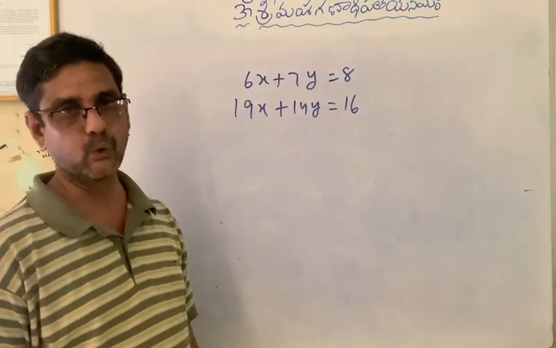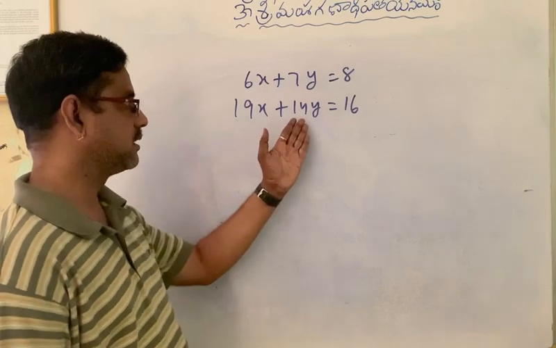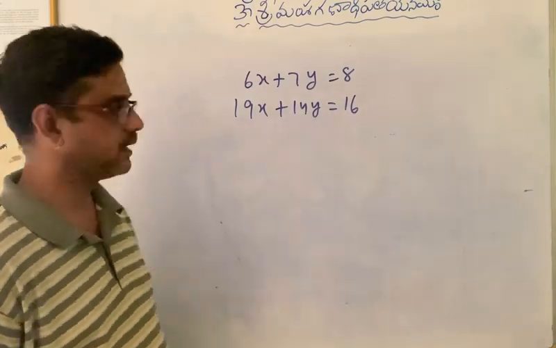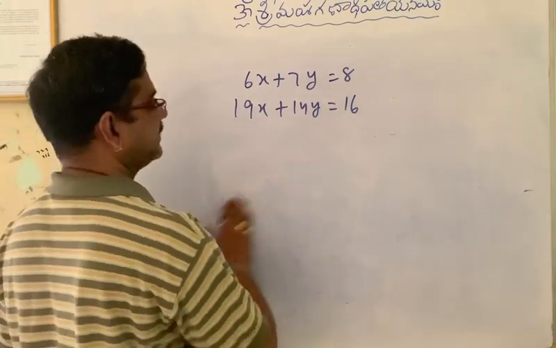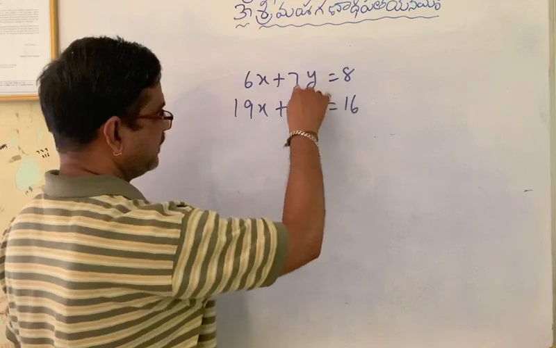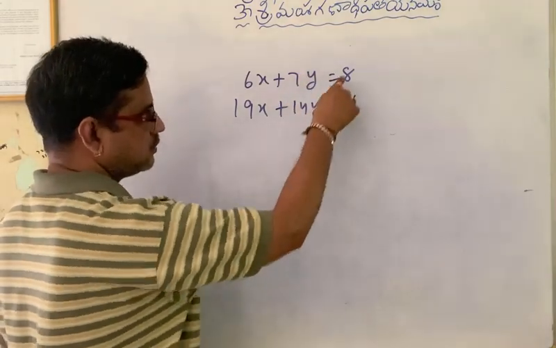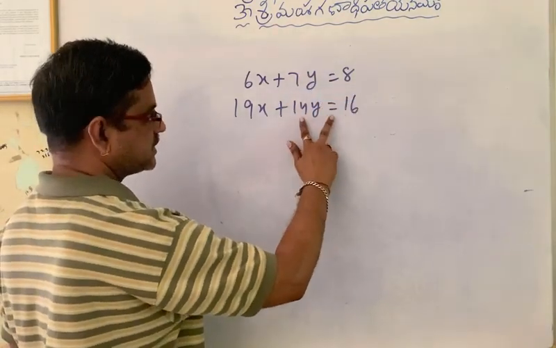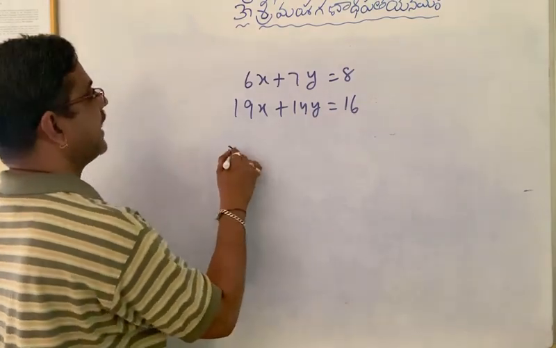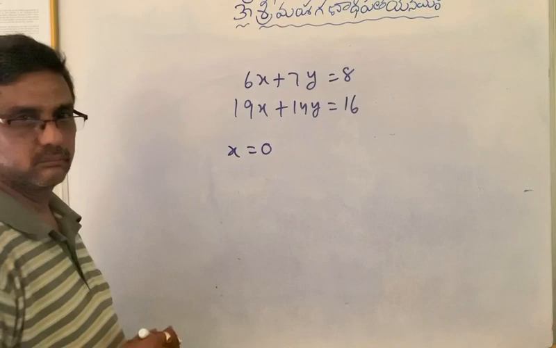So we can apply the Anurupyena Sutra. Since B1 by B2, 7 by 14, is 1 by 2, and 8 by 16 is 1 by 2, these two ratios are equal, so immediately you can write the value of x is 0.